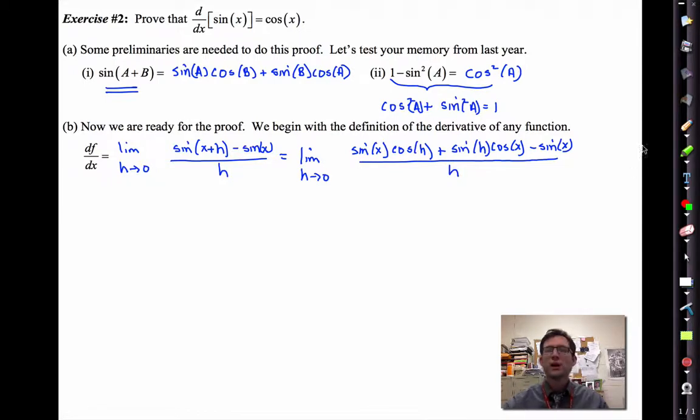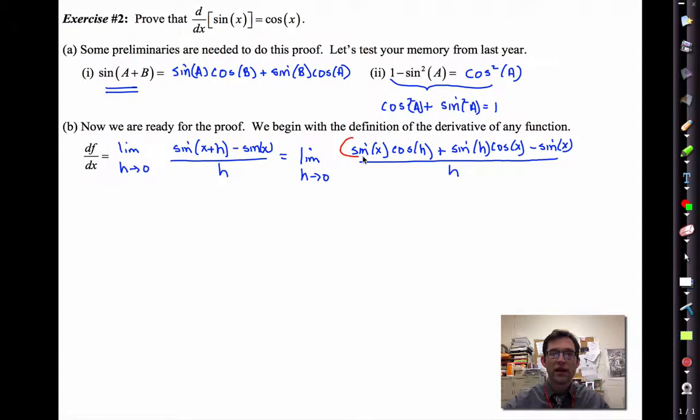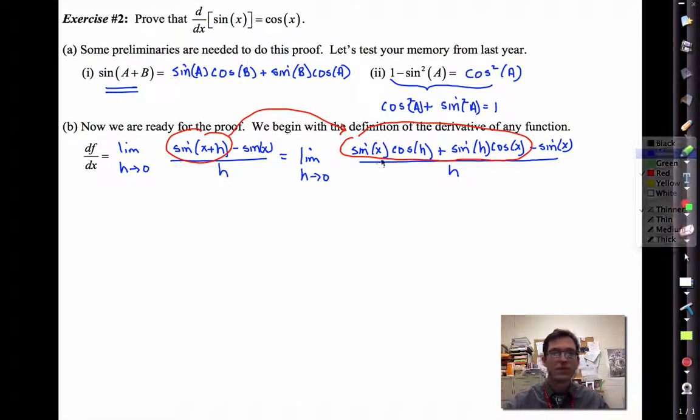So I just used that trig identity that we had back in letter A, subsection 1, to rewrite this quantity as this one. All right, going back to blue.